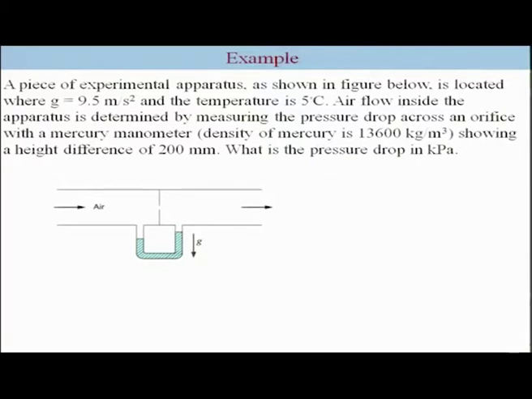Airflow inside the apparatus is determined by measuring the pressure drop across an orifice, which is nothing but this, with a mercury manometer, and the density is given, showing a height difference of, so this height is 200 millimeter. So what is the pressure drop across the orifice?